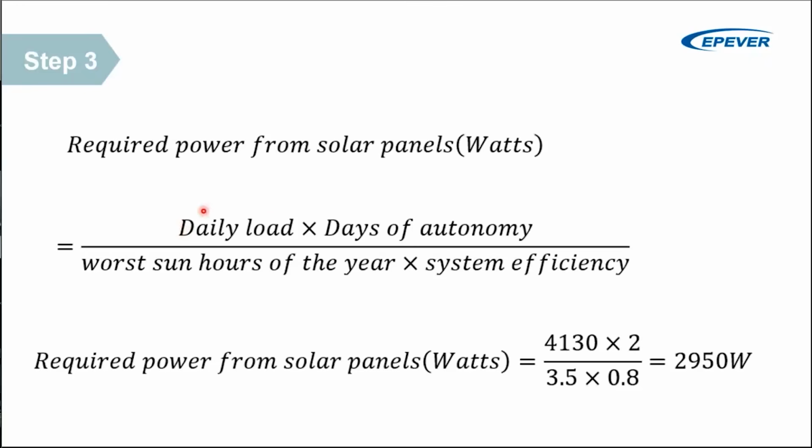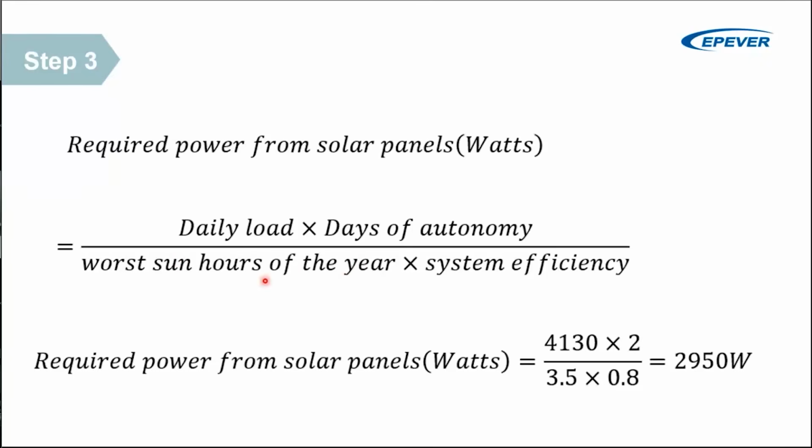You see that you have a daily load, then you have the days of autonomy, divided by the worst sun hours of the year, and multiplied by the system efficiency. What this means is, different locations of the world get different levels of daily sun irradiance, and the actual generated power from solar arrays at any location depends on the latitude, the time of the day, the season, the shading from buildings, etc. So it's not difficult to find the sun hours.